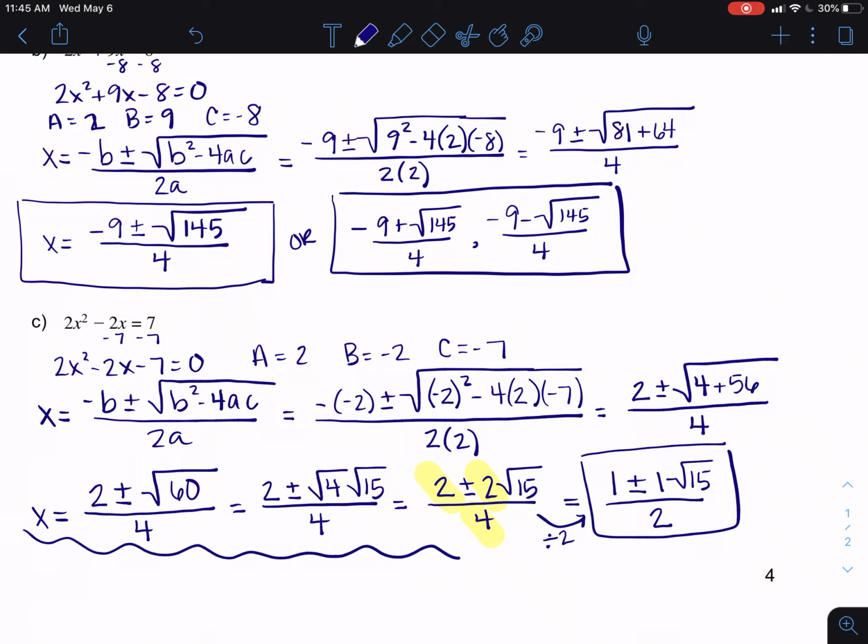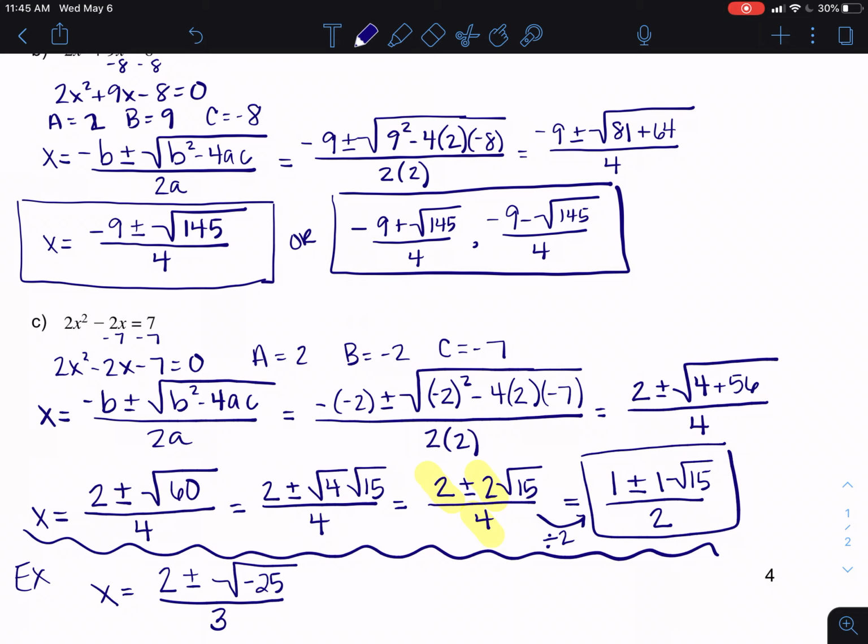One example that's not in your notes here would be, what if we simplify and we get x equals 2 plus or minus the square root of negative 25 over 3.